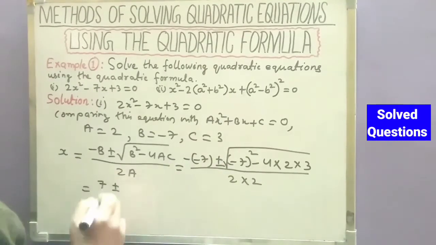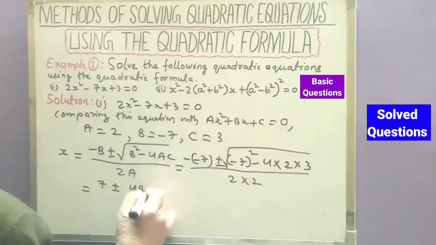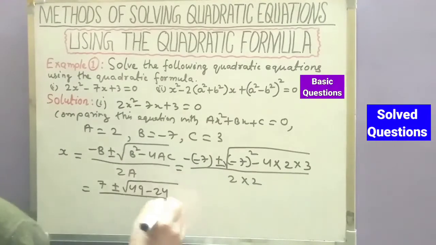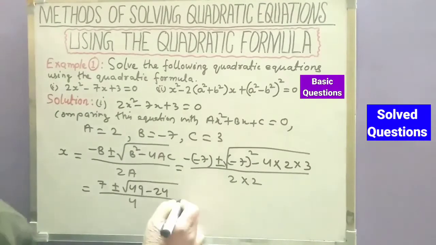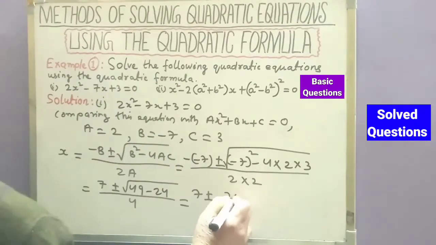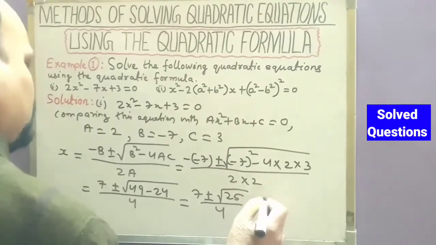That's equal to plus 7 plus minus square root of 49 minus 24 divided by 4, that equal to 7 plus minus square root of 25 upon 4.